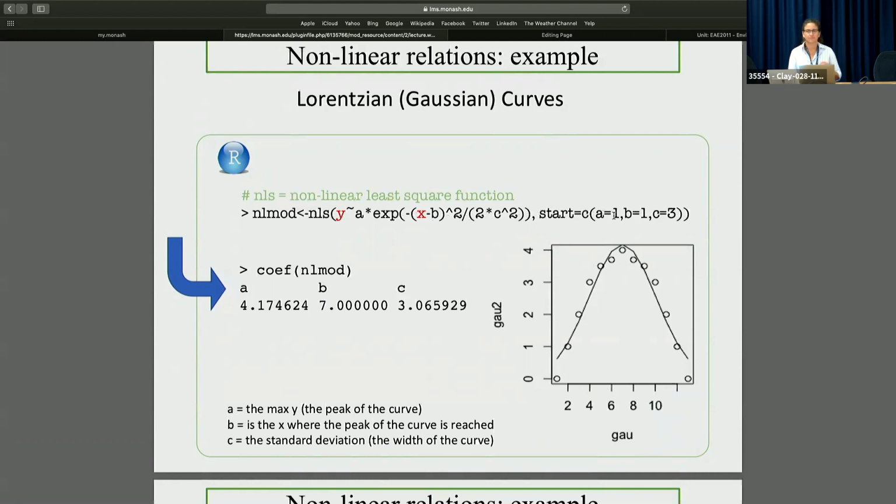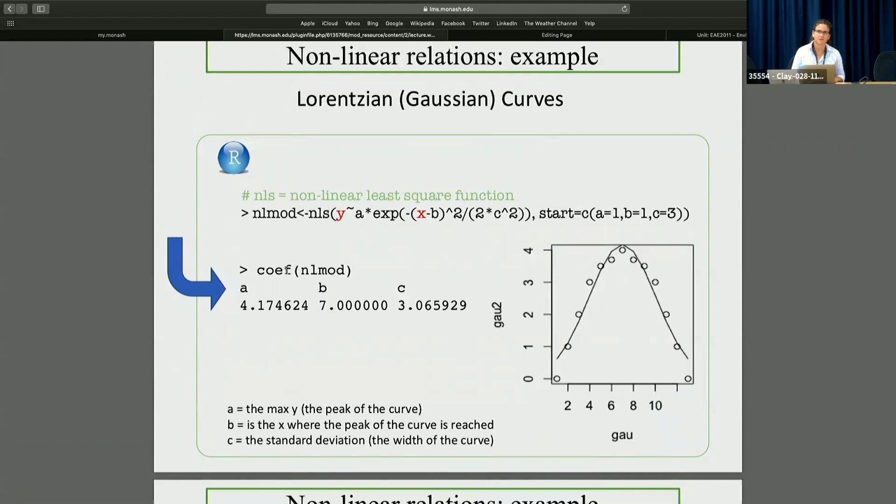A is my peak. I'm going to start it at 1. It ended up being around 4. B is where that peak happens. I told it to go to 1. It ended up being around 7. And C is how wide this is, pretty much the standard deviation idea, the width of the curve, and I said about 3, and I was pretty much right.